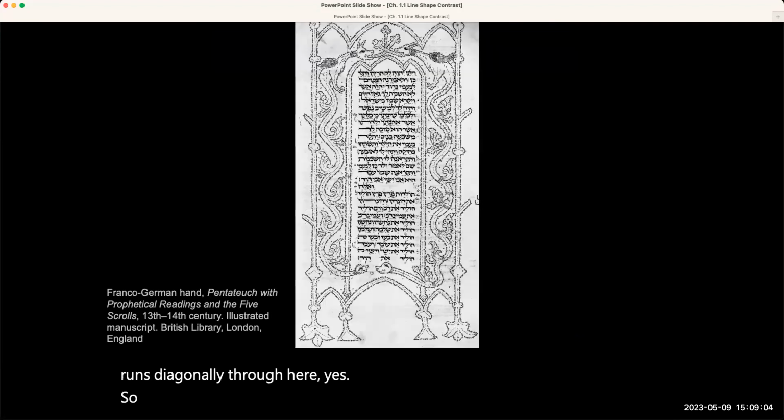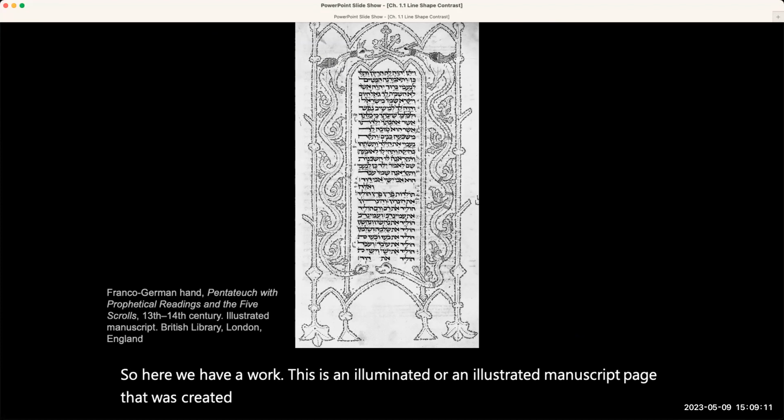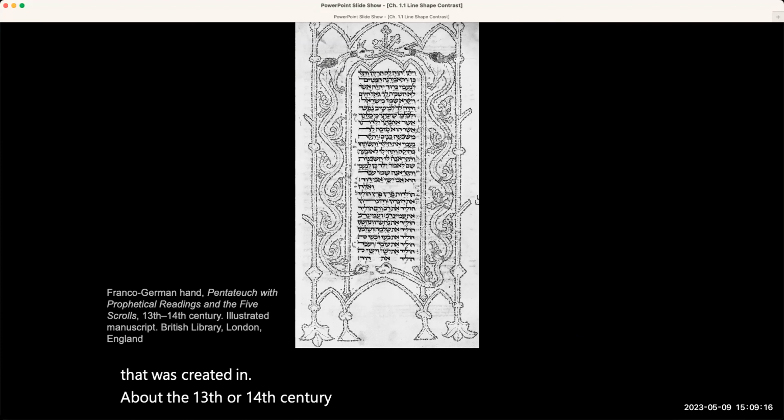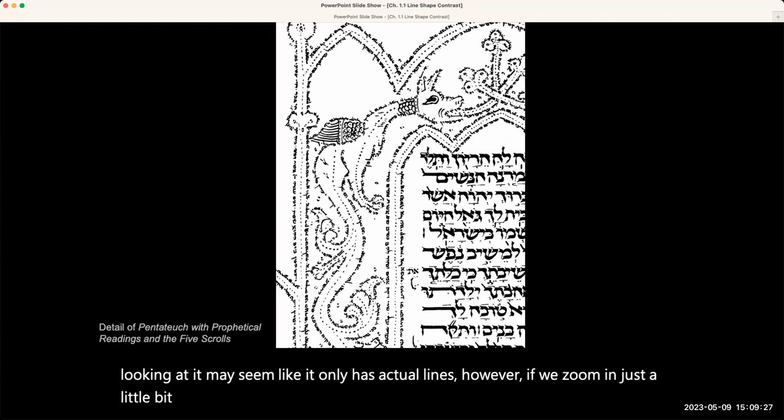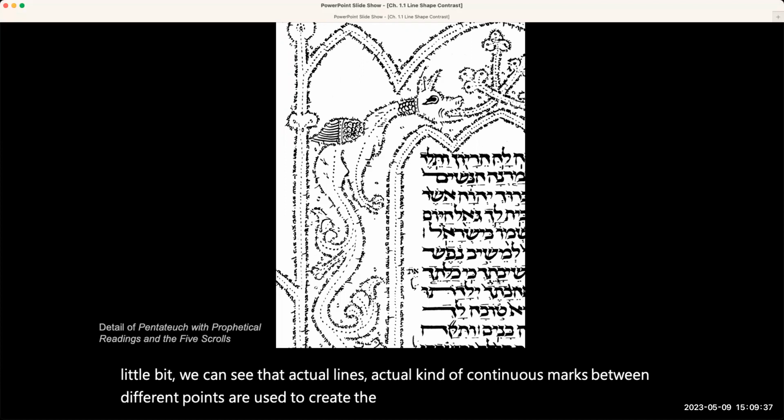So here we have a work. This is an illuminated or an illustrated manuscript page that was created in about the 13th or 14th century. But this has both actual and implied lines. Just looking at it, it may seem like it only has actual lines. However, if we zoom in just a little bit, we can see that actual lines, continuous marks between different points, are used to create the text in the center of the page.